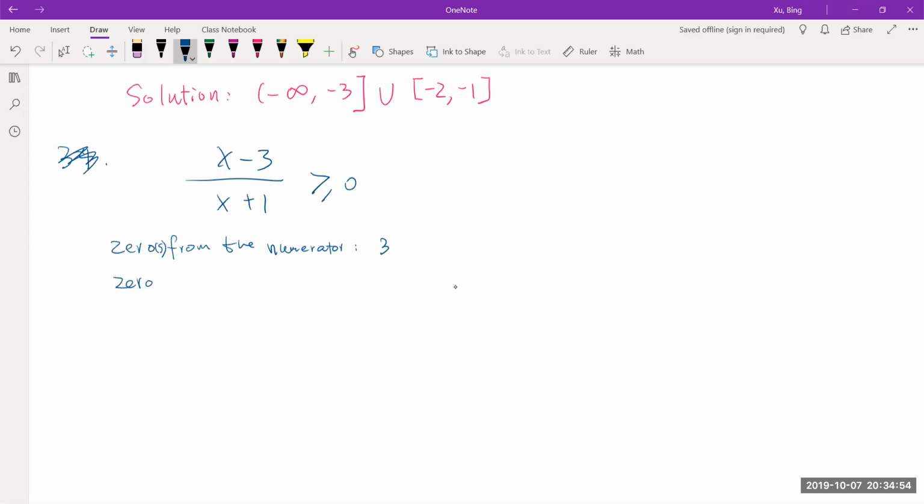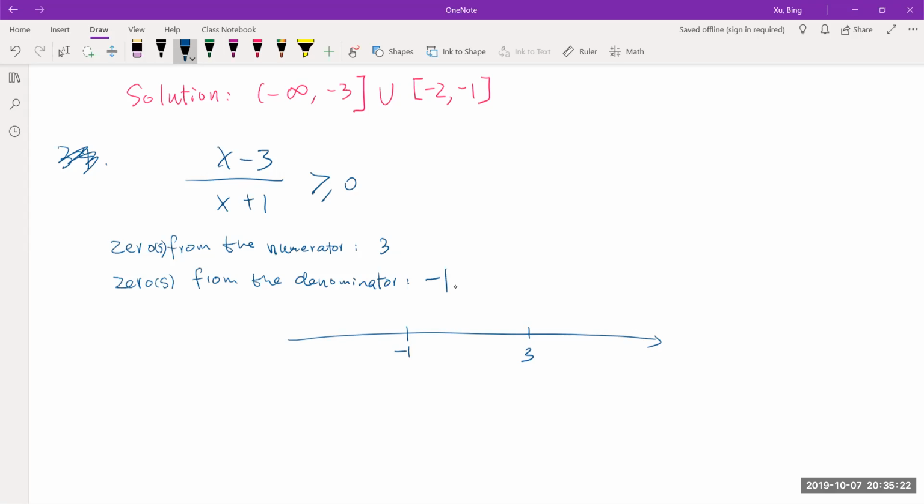The zero from the denominator, in our case, is negative 1. So 3 and negative 1 are the 2 points on the number line. The 2 numbers on the number line will be negative 1 and 3.